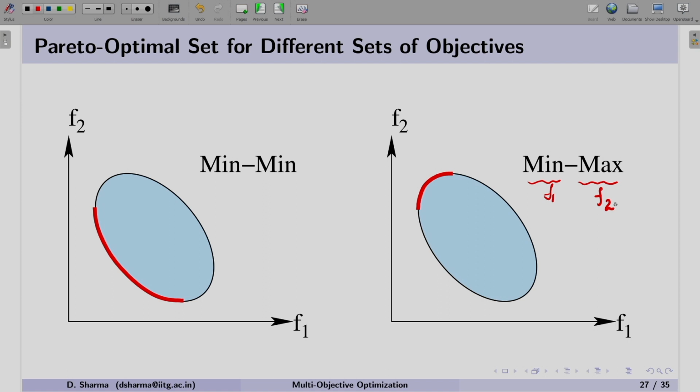You can see the same search space, but now the Pareto optimal set has changed. As per the nature of the objective, we can see how the Pareto optimal set on the left hand side figure and the right hand side figure can change.